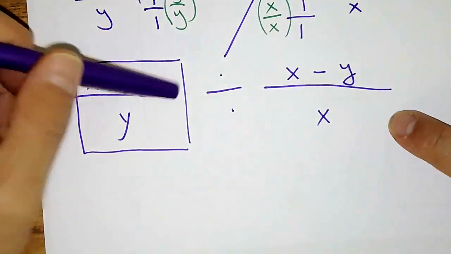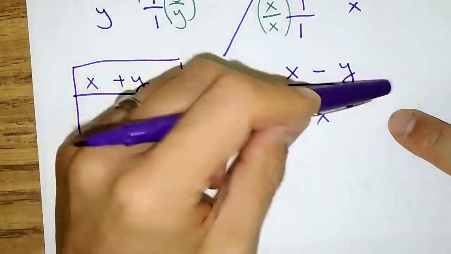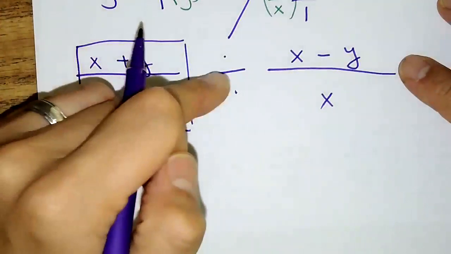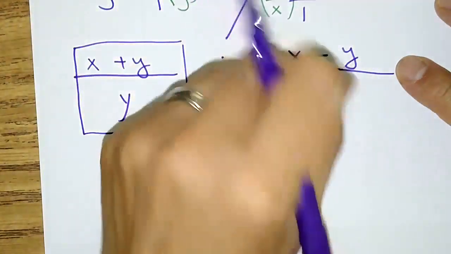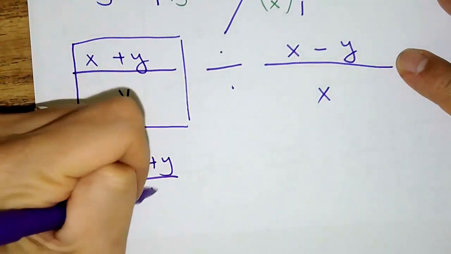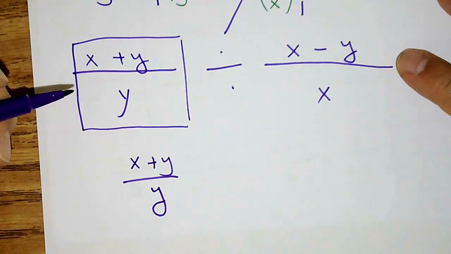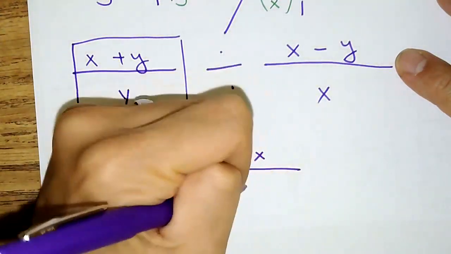So x plus y divided by y, divided by x minus y divided by x. Remember, if it's a division and I have two fractions like this, I'm just going to take the reciprocal of the second one. So the first one is just like that, right? Same thing, times, flip this one.